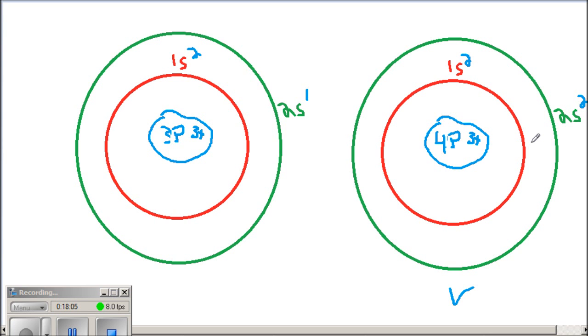You'll be attracted a little bit more to the nucleus, because sometimes that electron is not going to be shielding you. That new electron might be on the other side of the nucleus, and so some of that extra positive charge will be felt by you. The electron doesn't completely shield it. Okay?